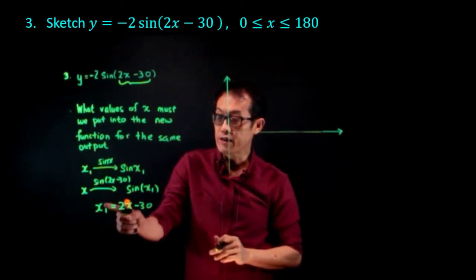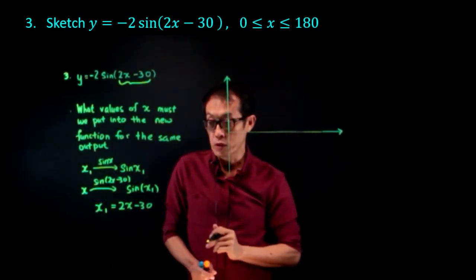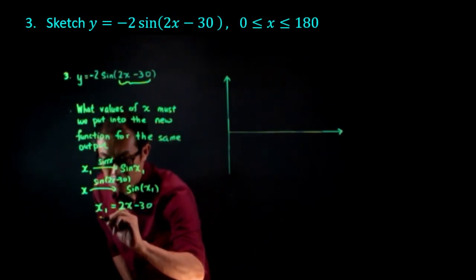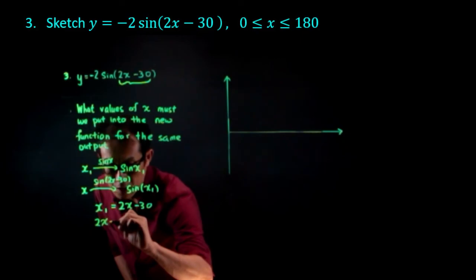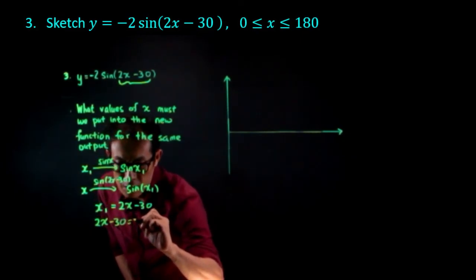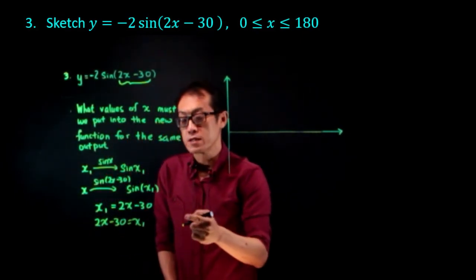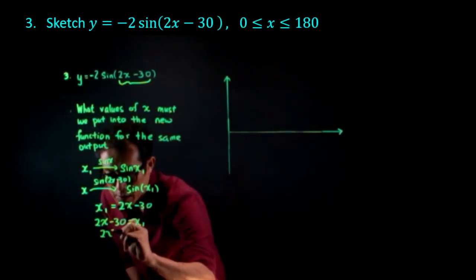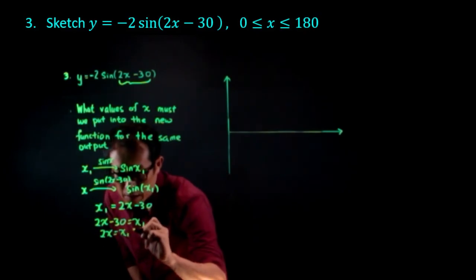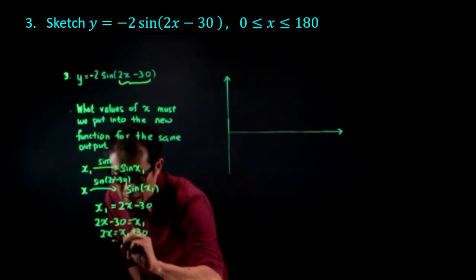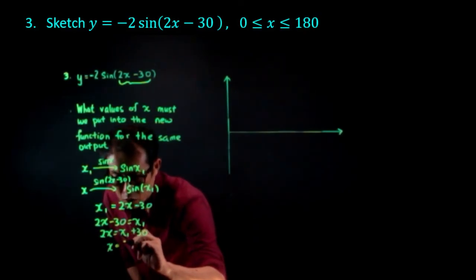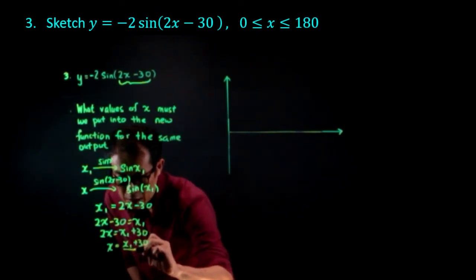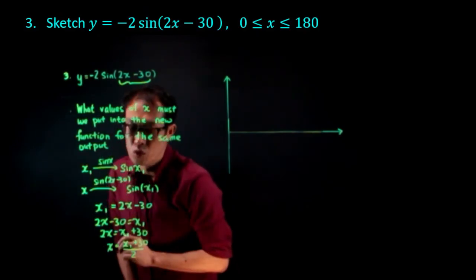So we must find the value of x, all right? What values must we put in? Maybe I just move it across to this side, it's easier for you to see. So I rewrite 2x minus 30 equals to x1. So 2x will be equals to x1 plus 30. And x is equals to x1 plus 30 divided by 2.